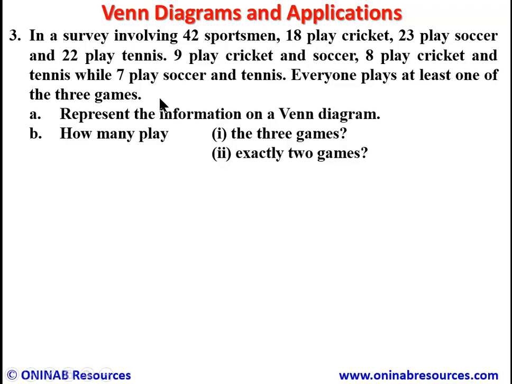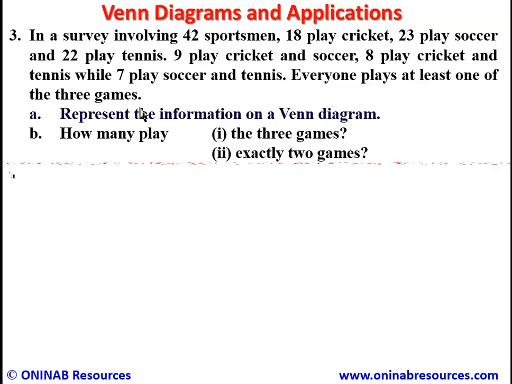That means there's nobody outside the 3 circles. All of them will be inside the 3 circles. That's to say cricket prime intersection soccer prime intersection tennis prime is an empty set, and their number is 0.